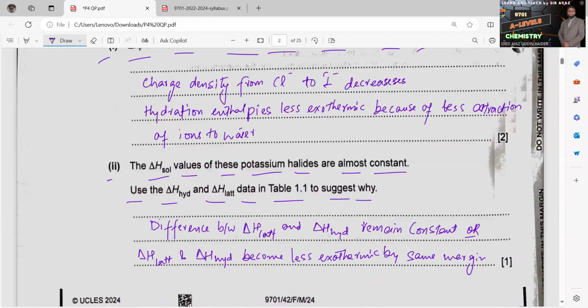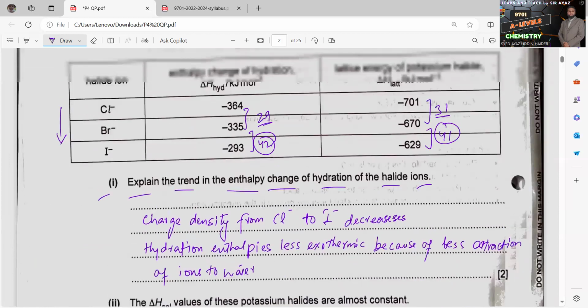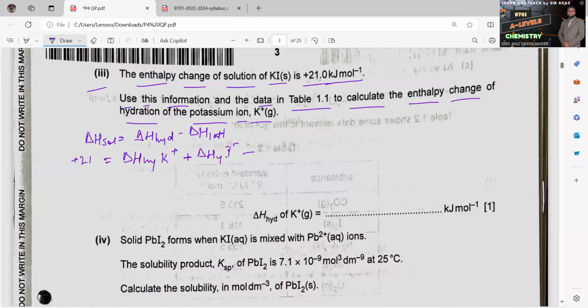Where is it? If you look at the table, here it is. This is potassium iodide, minus 629. So I will write minus 629.